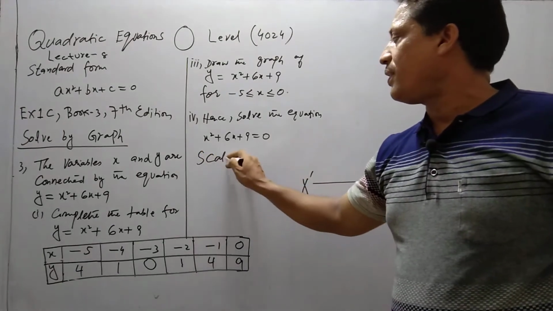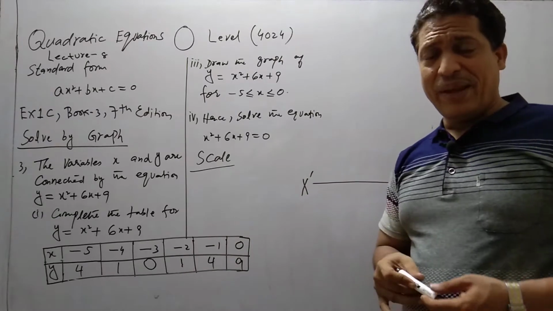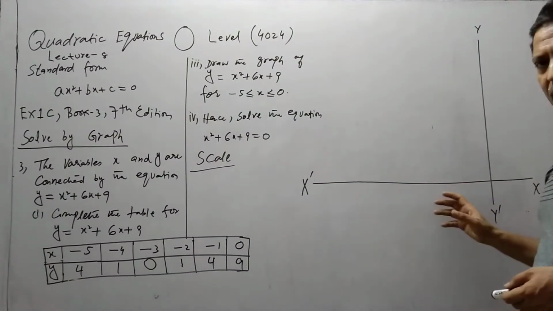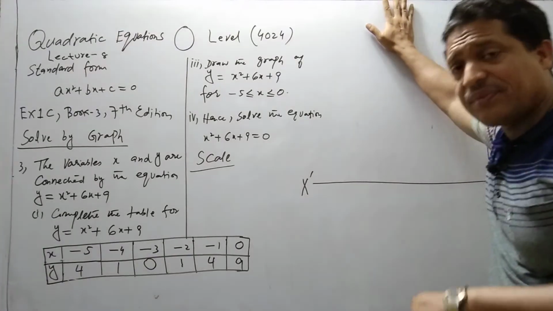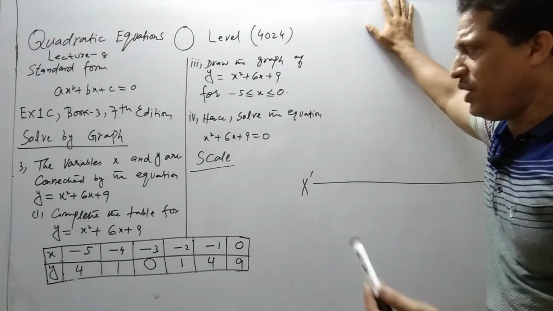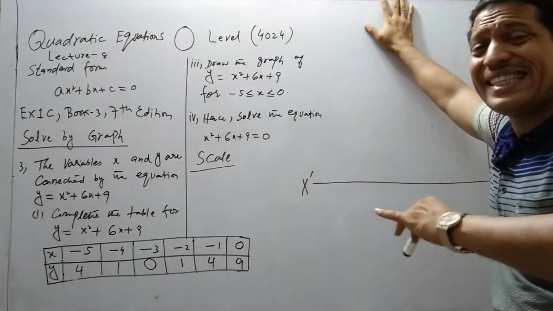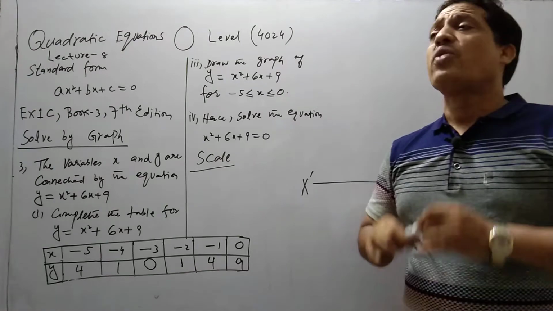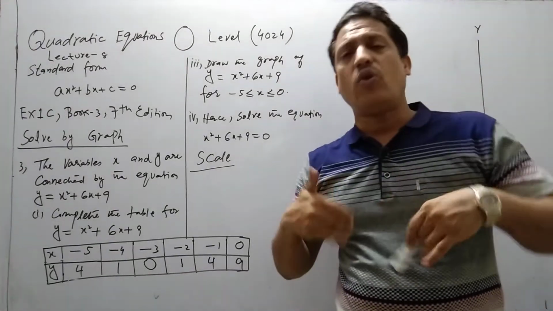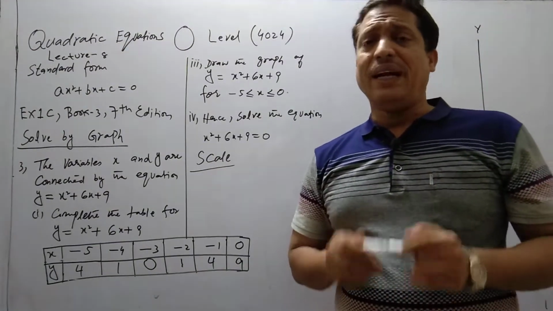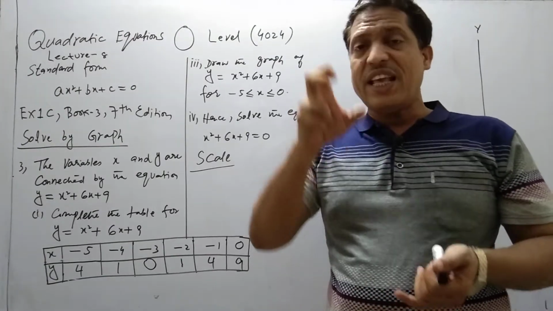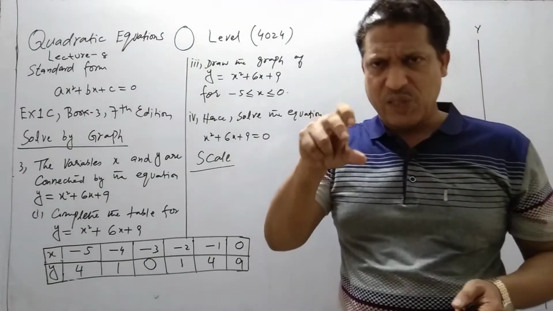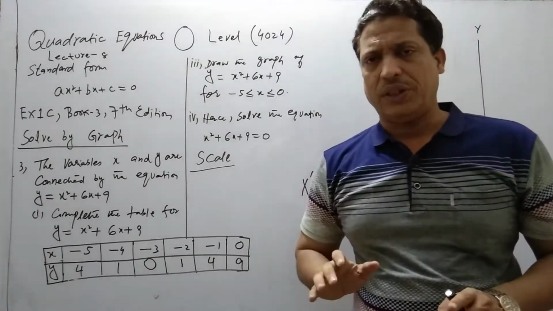Now in this case, scale is not given. What is the meaning of scale? We have to take how many centimeters is equal to how many units. So in this question, scale is not given, but no issue. You can take your own scale, but don't take a very small scale so that your curve is very small and not good.